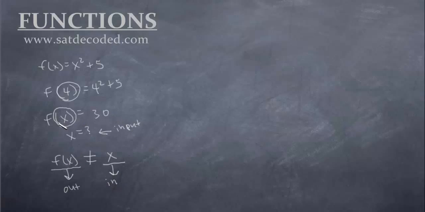So going back to our question, f of x equals 30. So what is x? Well, we know that f of x is our output, and at some point it equals 30, which is what comes out after we put something in. So output equals output. And in between, we have to see what else this f of x equals.